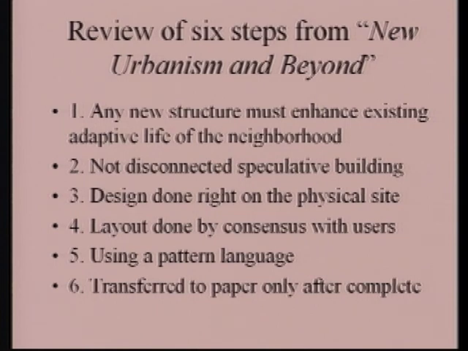First, any new structure on a site must enhance existing adaptive life of the neighborhood. Here, I mean a more global approach. We have to see what is happening in the neighborhood. We have to see the morphology, the geometry, the activities of people, the social structure of the neighborhood. And we must try to enhance it as far as we can.